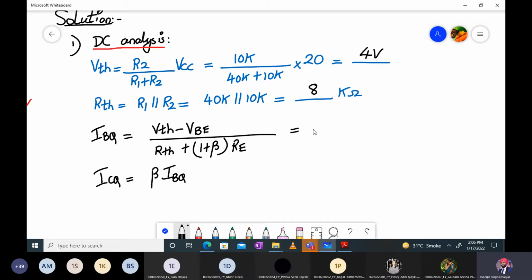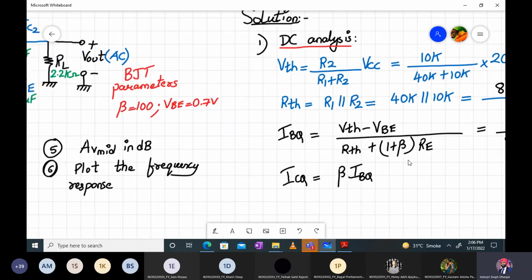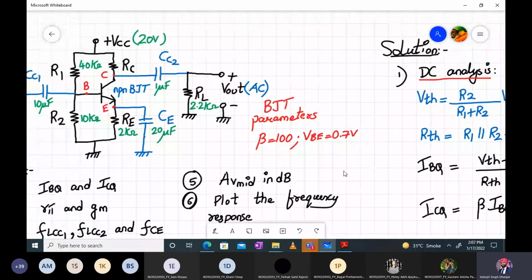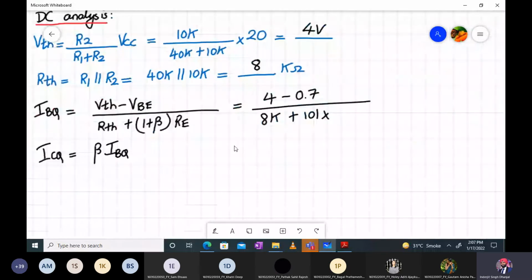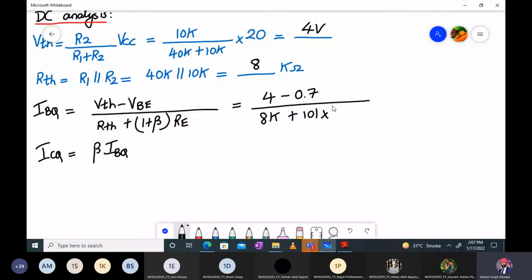So now I will substitute it over here. VTH is 4, VBE is 0.7. So 4 minus 0.7 divided by RTH, which is 8K. Okay, beta is how much? Given as 100, right? Let me check. Yeah, it's 100. So I can write 100 plus 1, which is 101, into RE. What is RE given as in the numerical? RE is 2 kilo ohms.